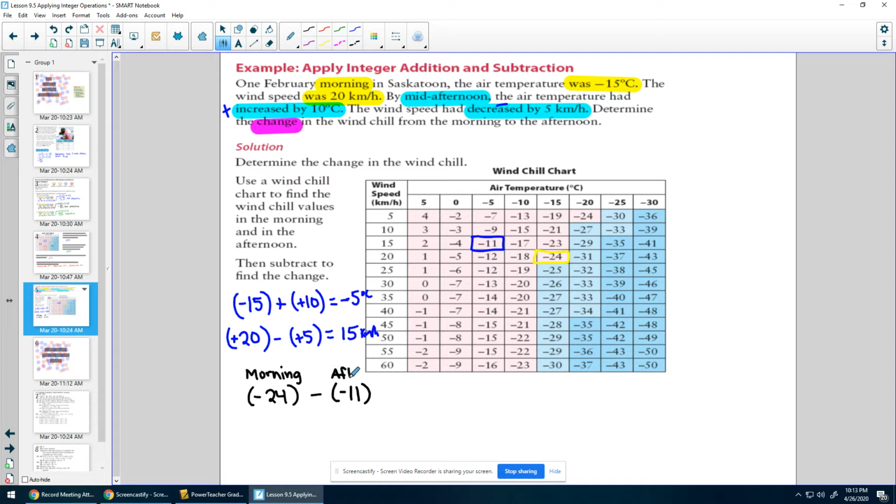Afternoon. We have a negative, and we're subtracting a negative, which means we add the opposite. Negative 24 plus 11. Well, we're looking at this. Which is bigger, our negative or positive? Our negative is. And what's our difference? 13.